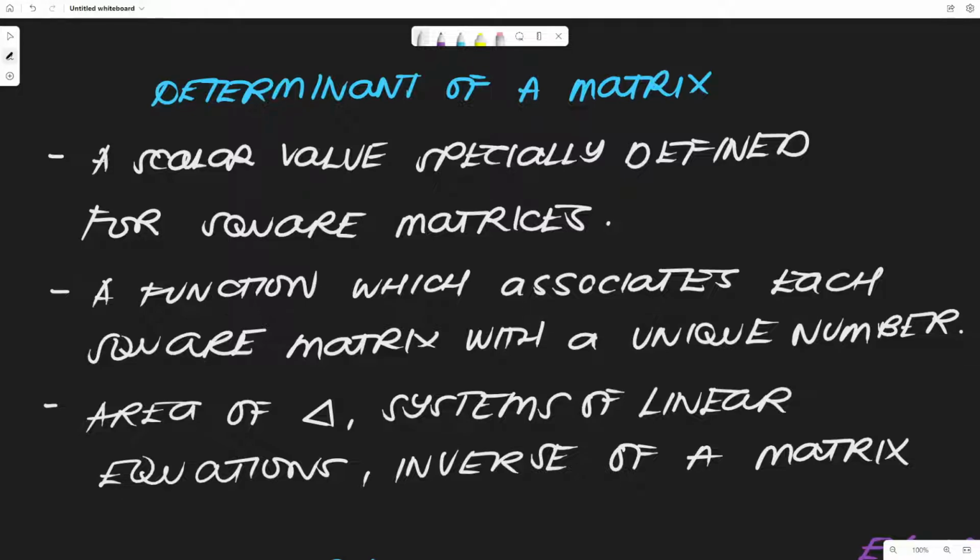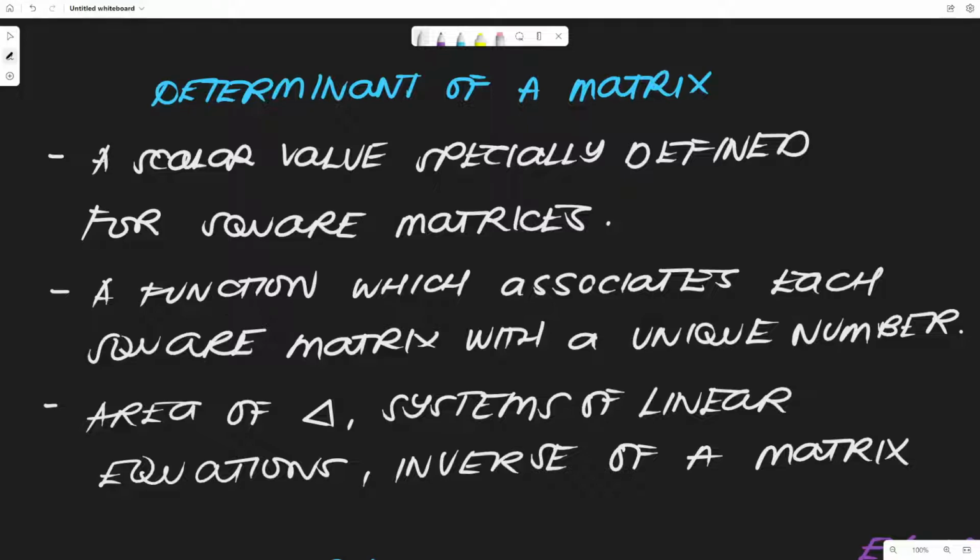Why is that? The determinant, based on the definition, is a scalar value specially defined for square matrices. Meaning, we have no determinants if our matrix is a rectangular matrix, which means the number of rows is not the same as the number of columns.